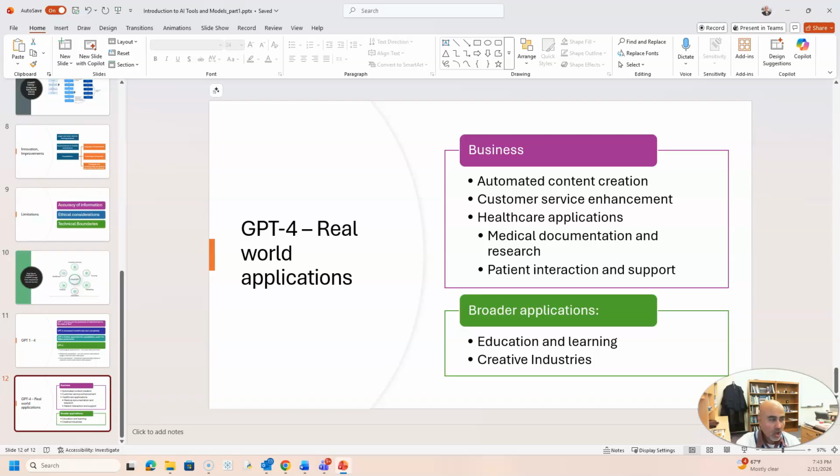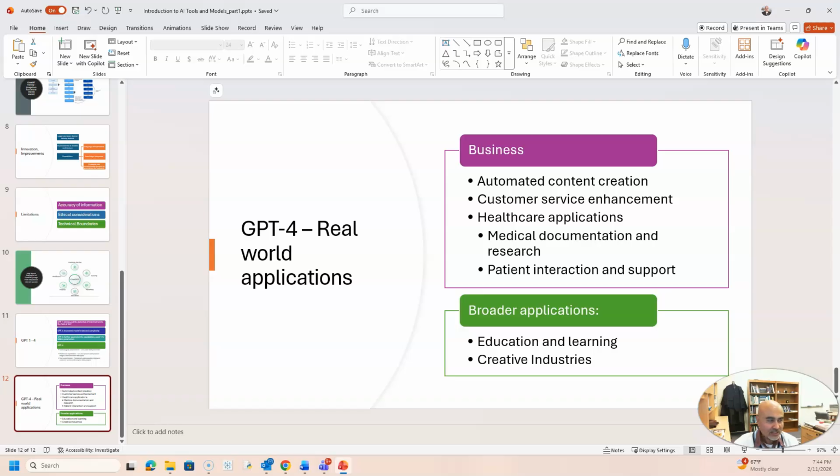You can create blogs. It can create ad copies, which again lowers the turnaround times, adds to the efficiency, and takes away some of the mundane tasks from the human agents.